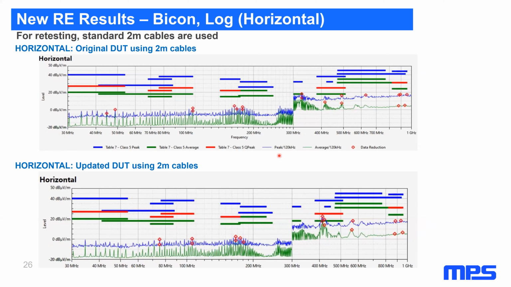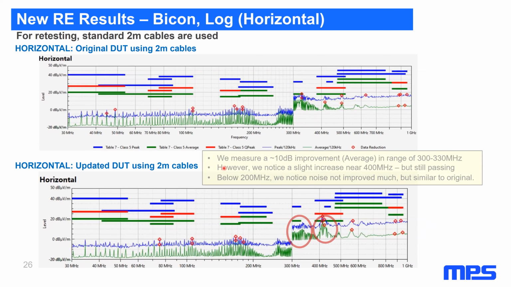The same thing with horizontal: I ran the same measurements, adding back my 2-meter cables. And again, in this 300 megahertz range, I observed an improvement, actually not only in average, but in peak. The peak and average both dropped considerably here.